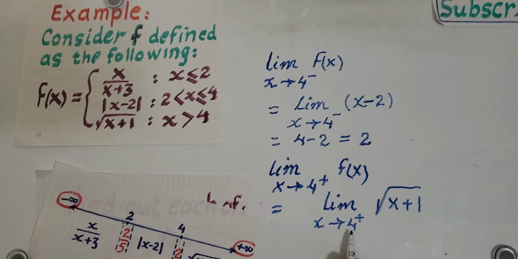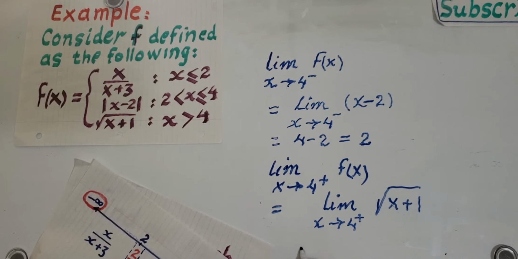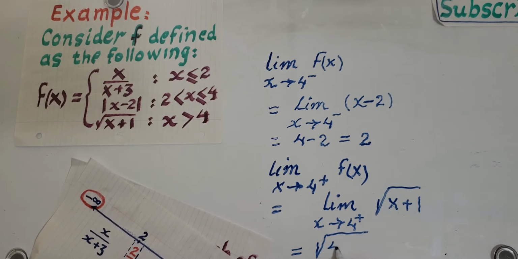So you can just make substitution for x here, which will be the square root of 4 plus 1, that means square root of 5. Square root of 5, you know, is more than 2.